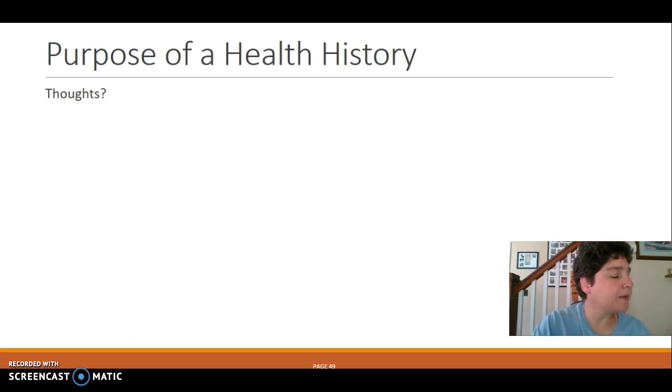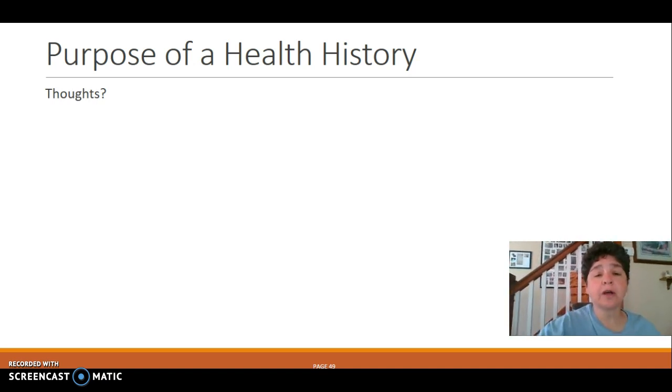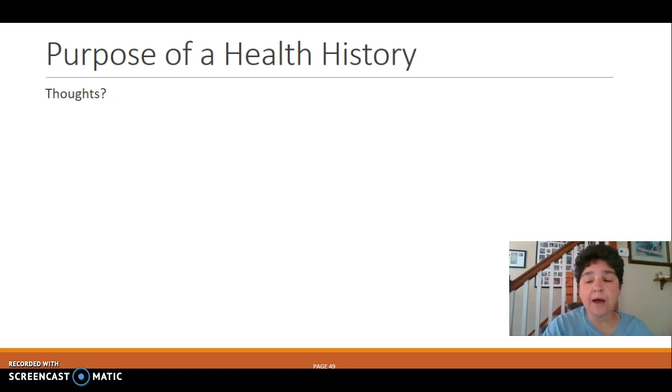So, the purpose of the health history, and I'm just looking in the book to kind of give you an idea. If you look on page 49, the very first line talks about what the purpose is, and that is to gather both objective and subjective data. So we have 2 different types of data, which we're going to talk about in the next slide a little bit further, objective and subjective.